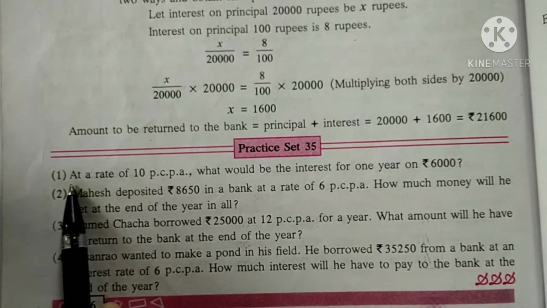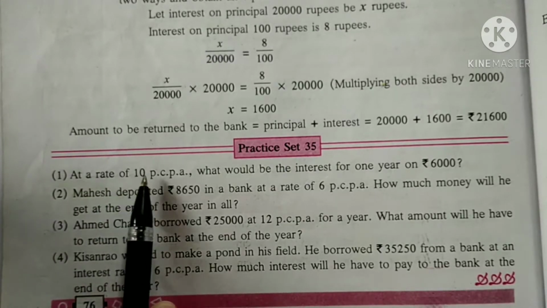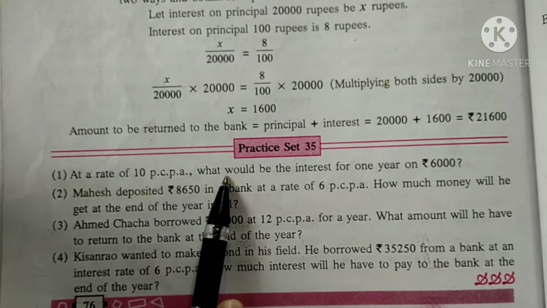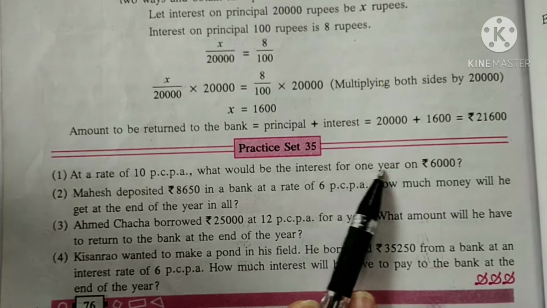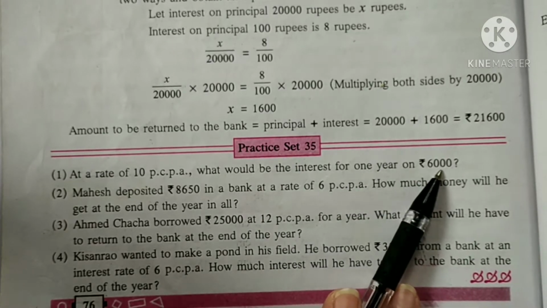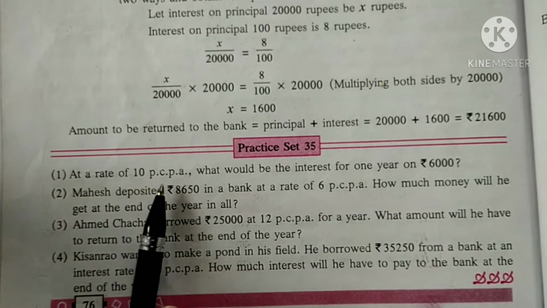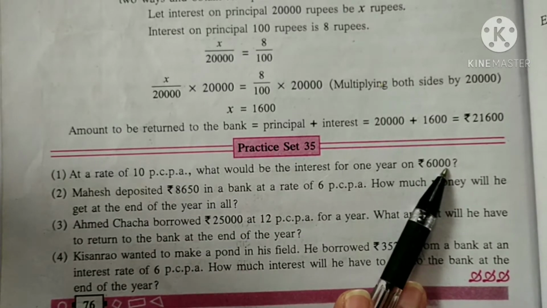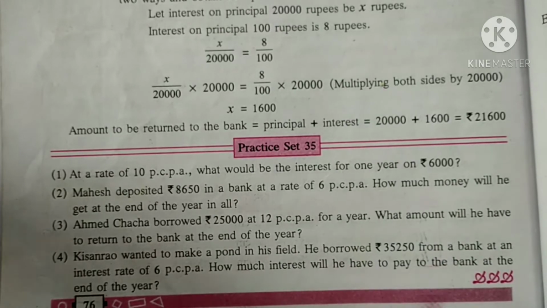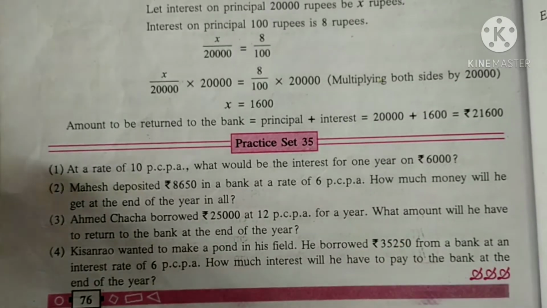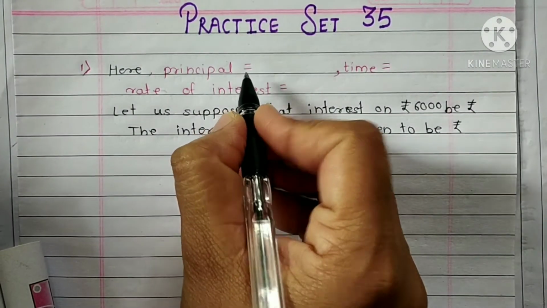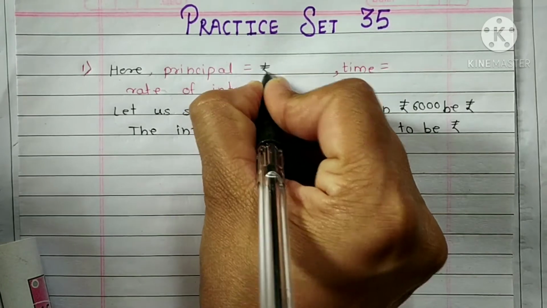See the first example. At a rate of 10 PCPA, that is, percent per annum, what would be the interest for 1 year on rupees 6,000? Here we have to calculate interest on rupees 6,000. That means 6,000 is the principal. So write down principal equal to rupees 6,000.